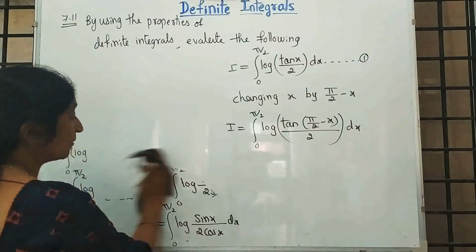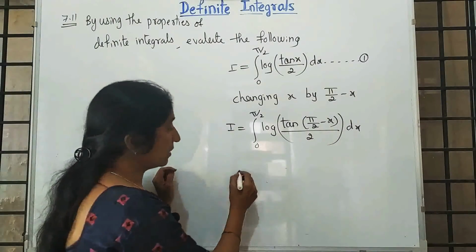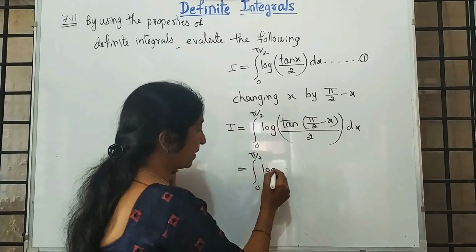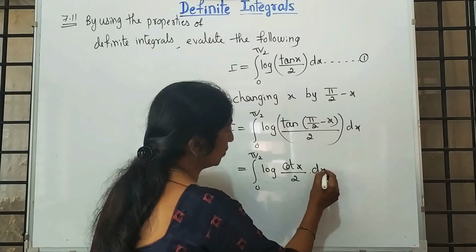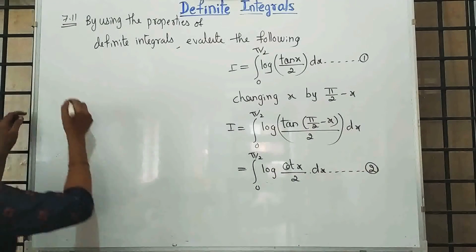Tan 90 minus theta is what? Yes. Tan 90 minus theta is cot theta. 0 to pi by 2 log cot x divided by 2 into dx. Now this is equation 2. Adding equation 1 and 2.